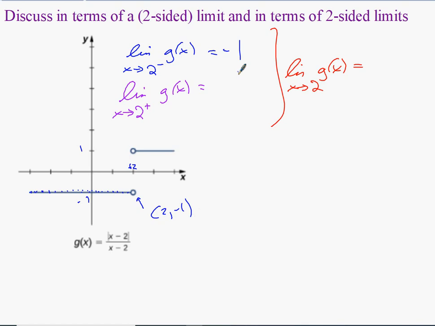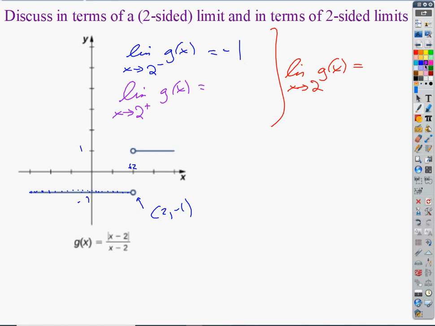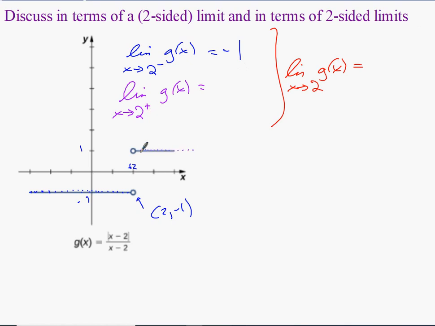Okay? What about this statement here? The purple ant is approaching from the right as he walks backwards towards x equals 2. He anticipates stepping on the point (2, 1). So the limit from the right is positive 1. Well, what does that tell you about the two-sided limit?